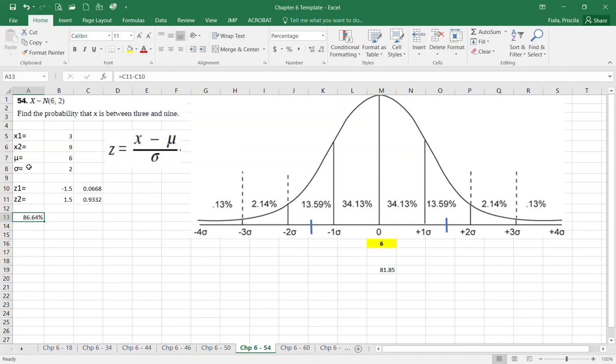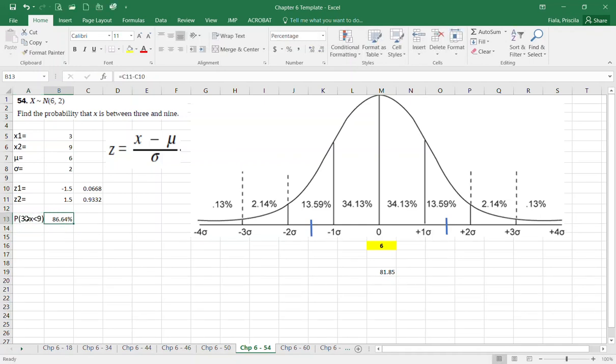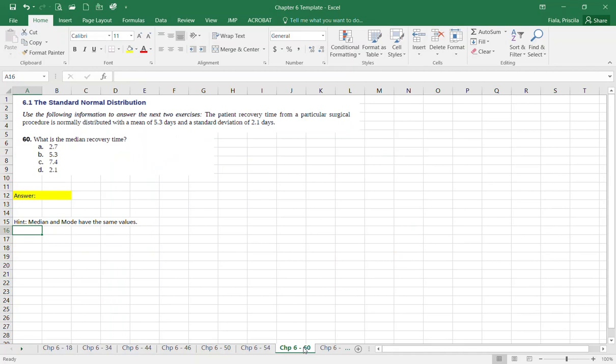So let's put it the correct way: the probability that x is in between 3 and 9 is equal to 86.64%.